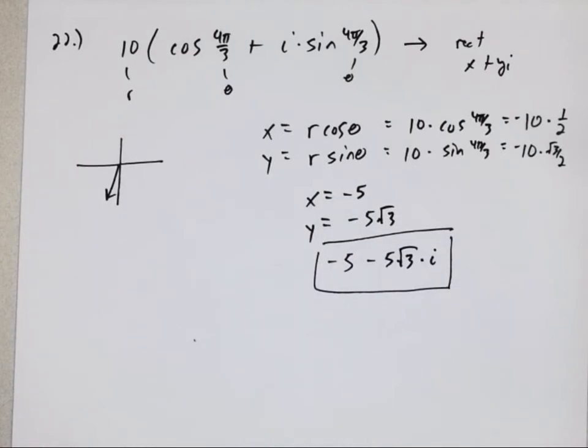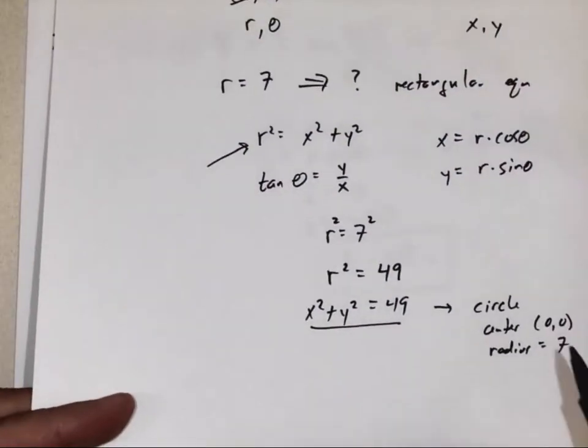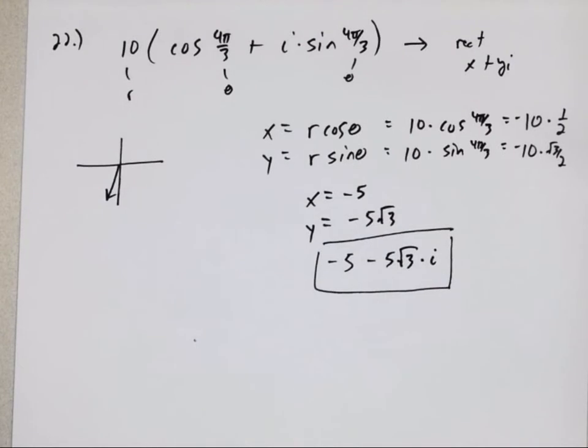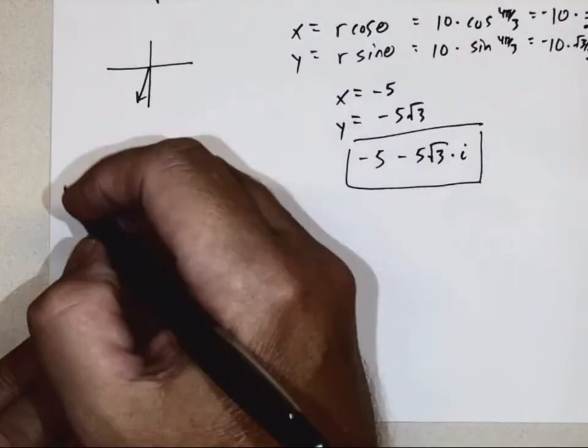You just have to remember the key is using, once again, these definitions, going back and forth between polar coordinates and rectangular coordinates. Actually, looks like we have one more.